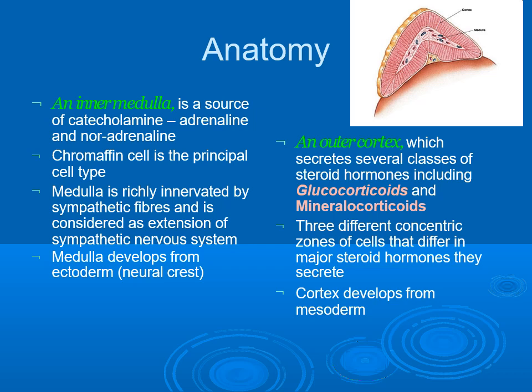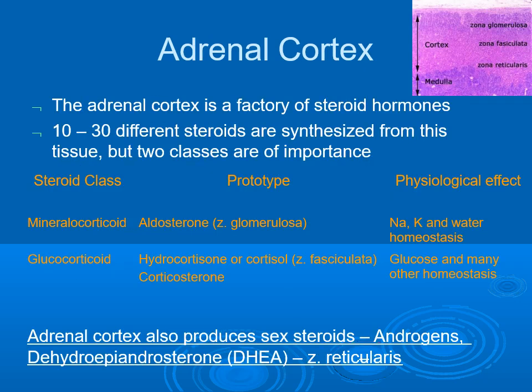There are three different zones of cells that differ in the major steroid hormones they secrete. The adrenal cortex is a factory of steroid hormones. 10 to 30 different steroids are synthesized from this tissue, but two classes are very important.